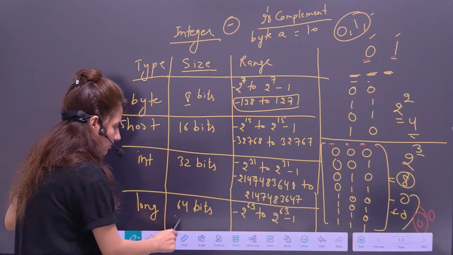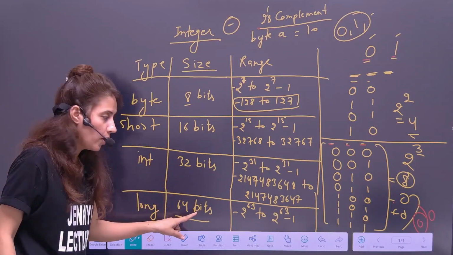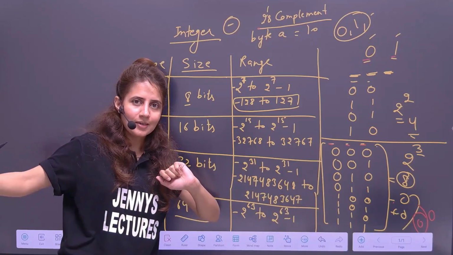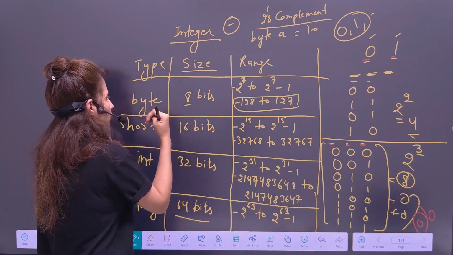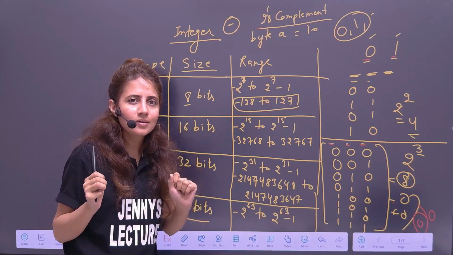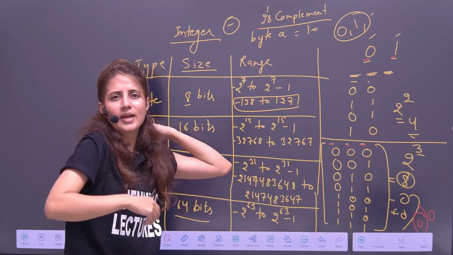Same for long. 64 bits are required in memory, and this is the range. It's a very large number, right? Now according to your requirement, you can choose whether you want byte, short, int, or long. If you want to do some calculation on a very small number, go for byte.